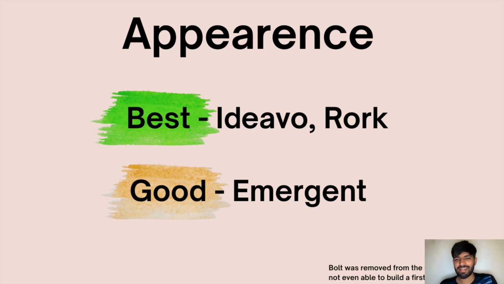Emergent was ranked last because the UI lacked images, which significantly reduced the visual appeal and overall user experience. Bolt was excluded from the appearance comparison as it failed to generate a complete functional UI on the very first prompt. Additionally, the available credits were also exhausted during the initial attempt, making a fair comparison impossible, to be honest.